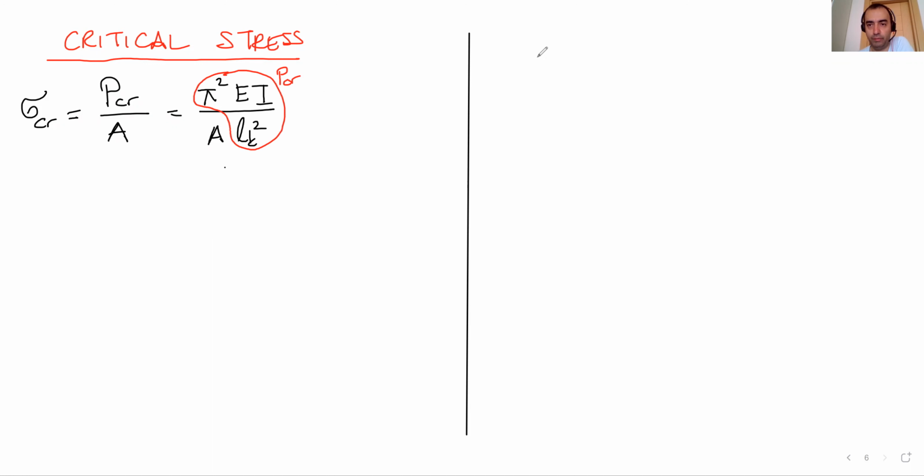And here, if we make an arrangement on this equation, what will we see? Do you remember this? Small i. What is it? Small i.